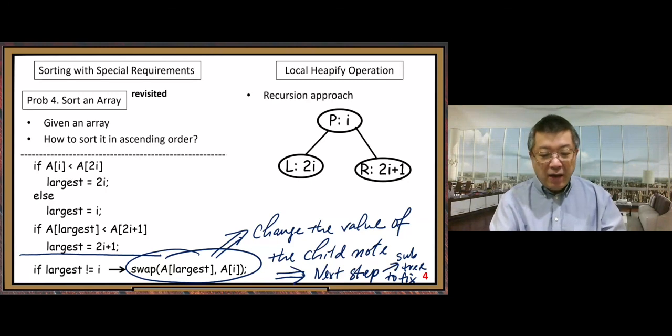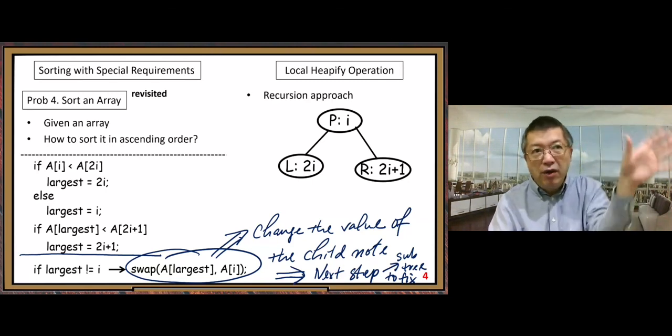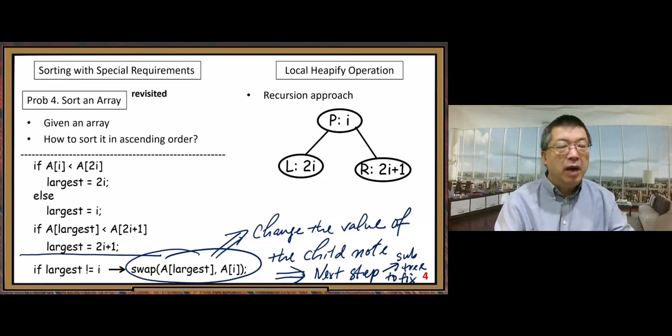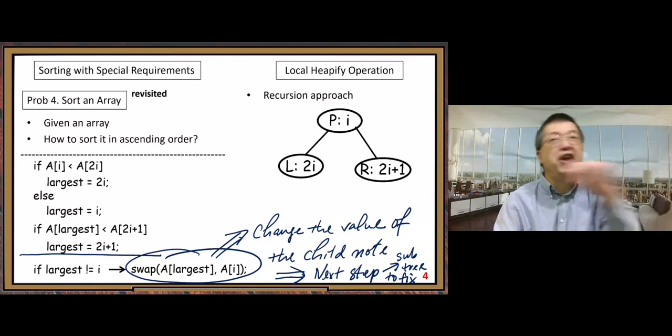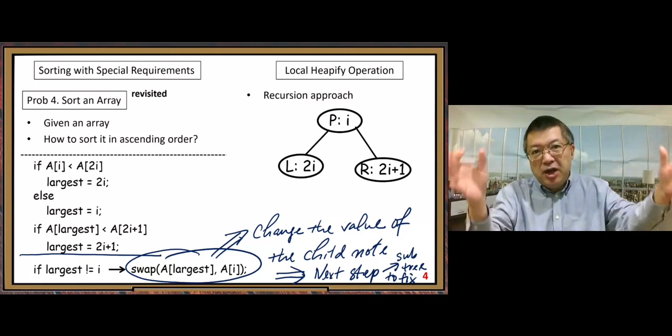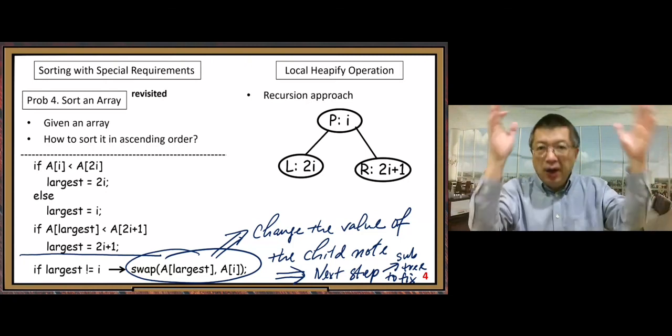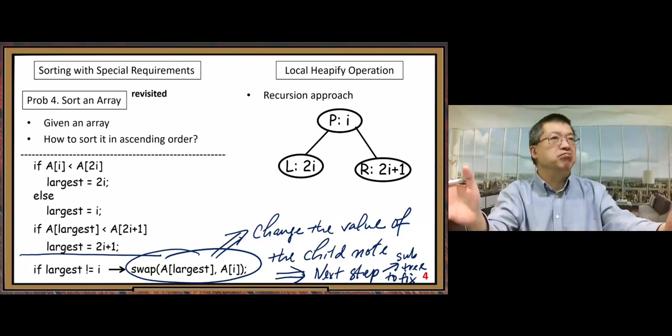So now, if we do this all the way down to the bottom level, you need to reach the leaf level to finish your checking. Okay, all right. So that's the max heap property, the local Heapify operation.